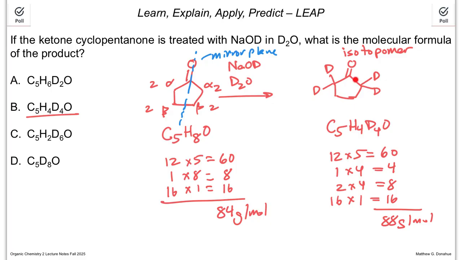So if this were a probe for a metabolic process and we wanted to find out where on this carbon backbone a reaction or a substitution is happening, since the alpha carbons are labeled with deuterium, you would know if one of them was replaced versus if something at one of the beta carbons was replaced, because then the masses would change differently.